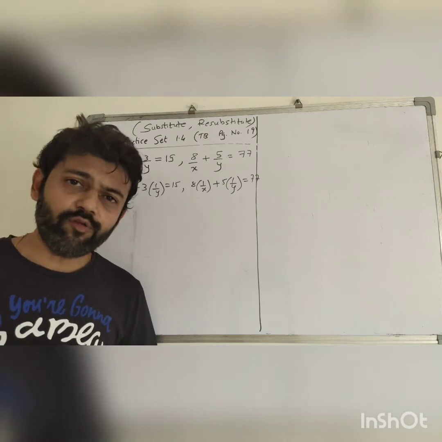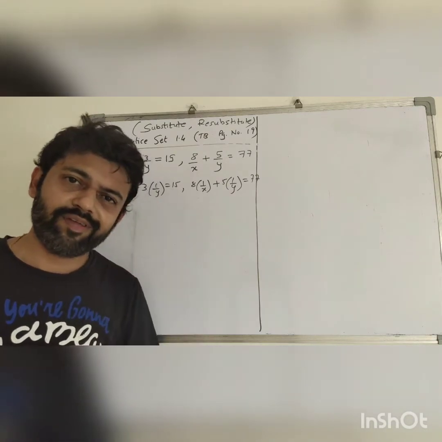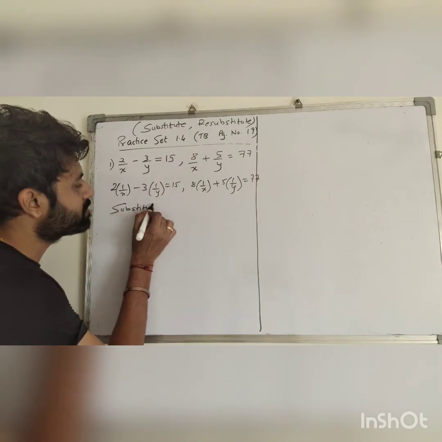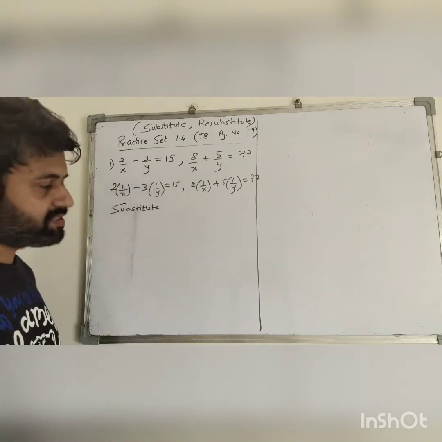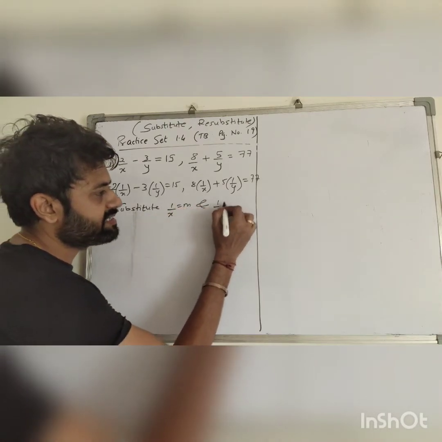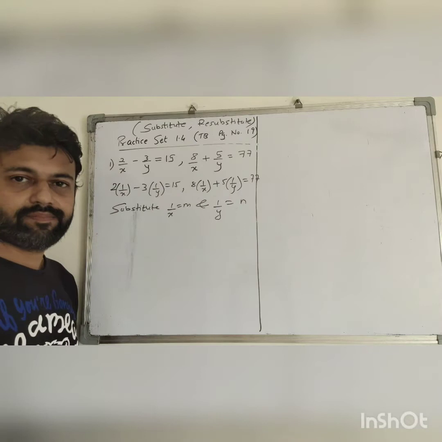In any equation, when you find things coming more than one time, you have to always use the word substitute. I am using the same substitute: 1 upon x is equal to m and 1 upon y is equal to n.